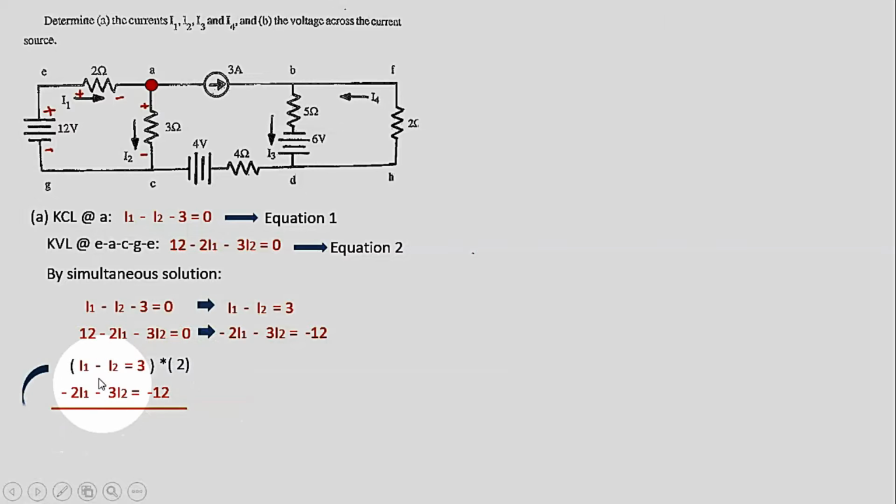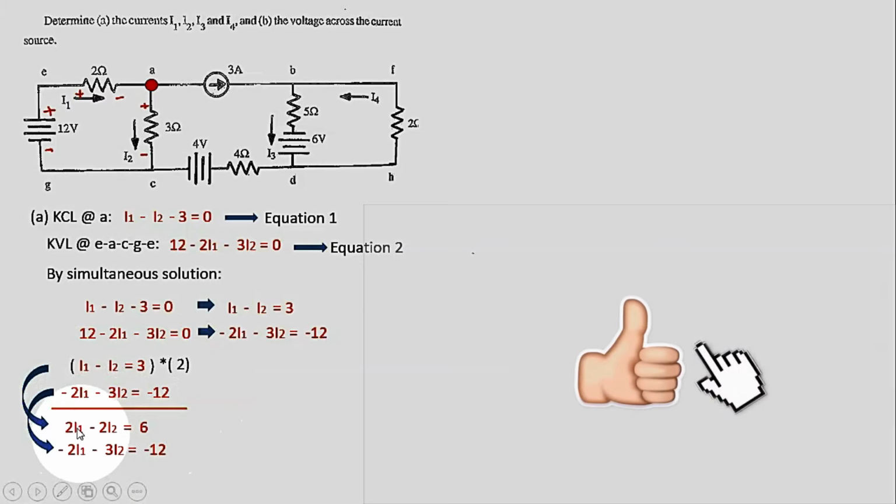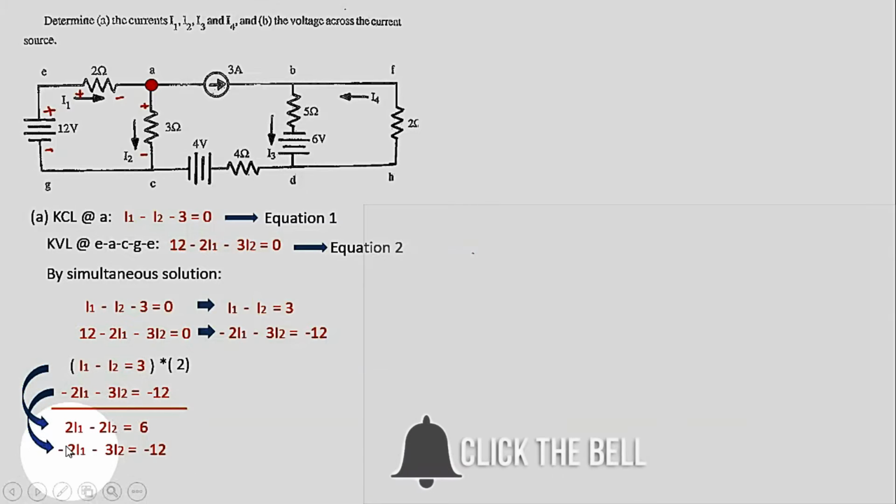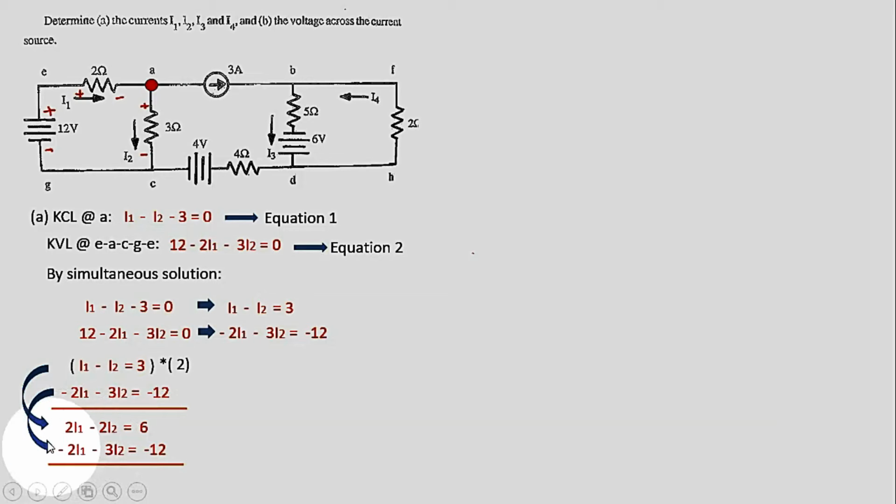When I multiply that one, it will give me 2 I sub 1 minus 2 I2 equals 2 times 3, that will be 6. And then copy again this equation. So now we can have a cancellation here. To cancel I sub 1, which has a common constant 2, since this one is positive and this one is negative, we just add the two equations.